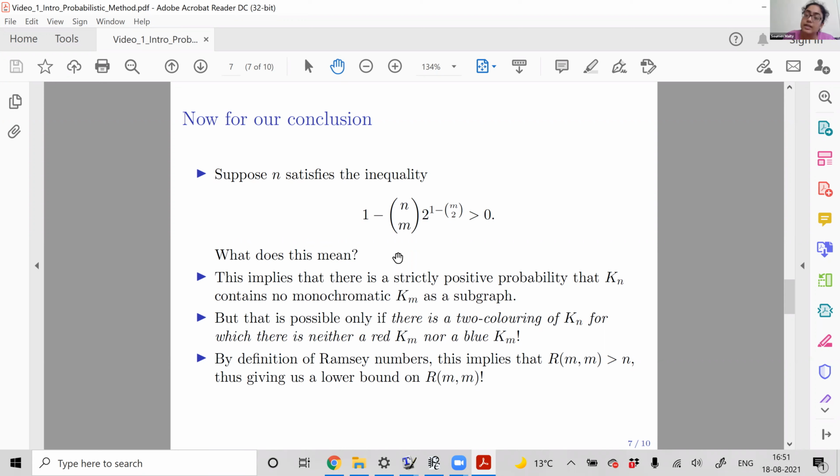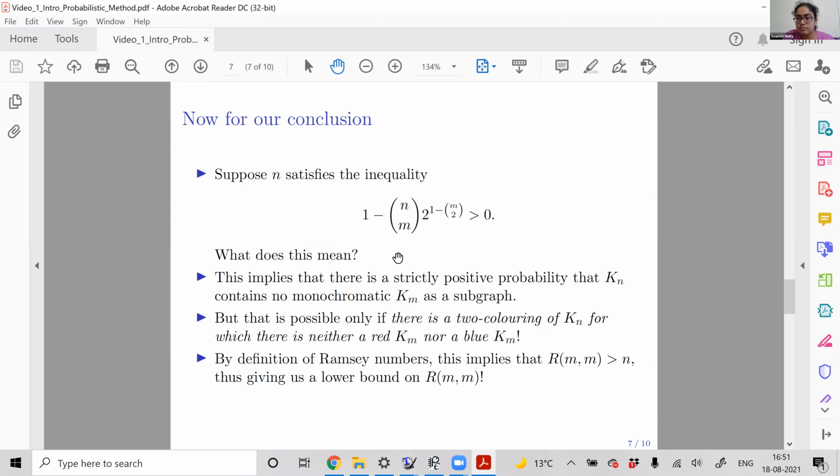So this means that there is actually a way of assigning a 2-coloring to K_n such that under that coloring it will contain neither a red K_m nor a blue K_m. So you see, we brought in probability, and all we did was show that an event holds with positive probability.